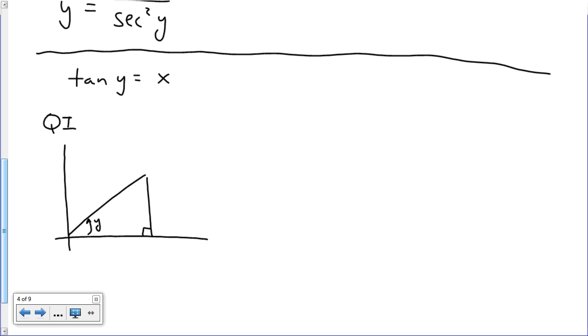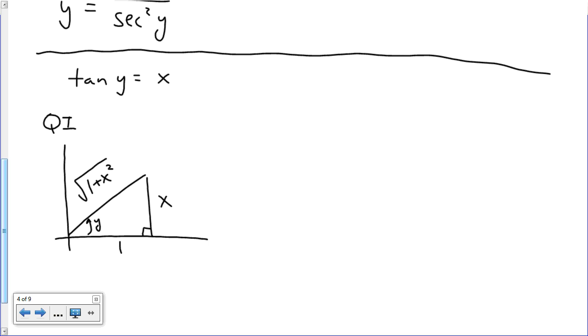I know that tangent is the opposite over the adjacent side. So I want the opposite side to be x and the adjacent side to be 1, because then for this triangle, it is in fact true that the tangent of y would give me x over 1, or that's just x. And by the Pythagorean theorem, I can then find the hypotenuse. The hypotenuse, of course, is going to be the square root of 1 squared plus x squared, or 1 plus x squared.